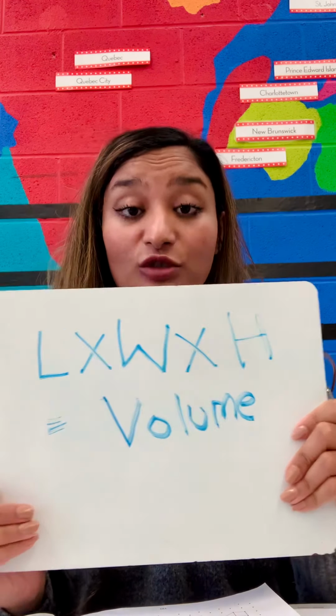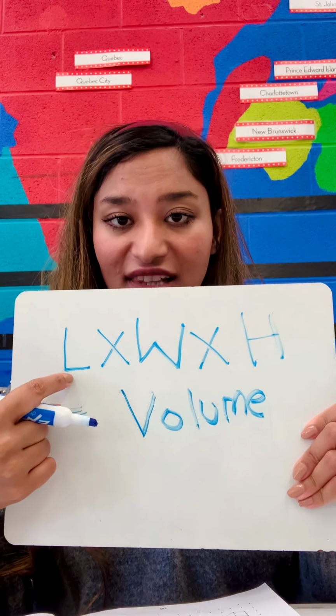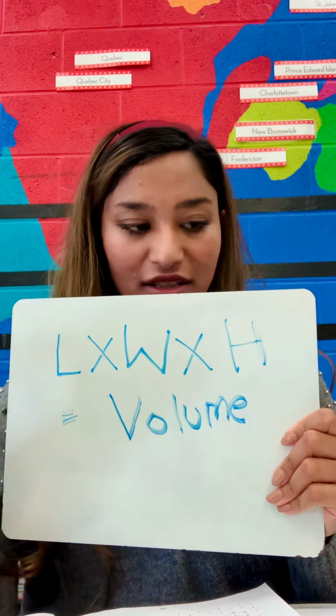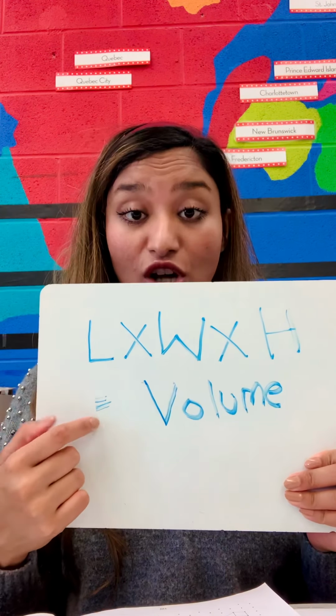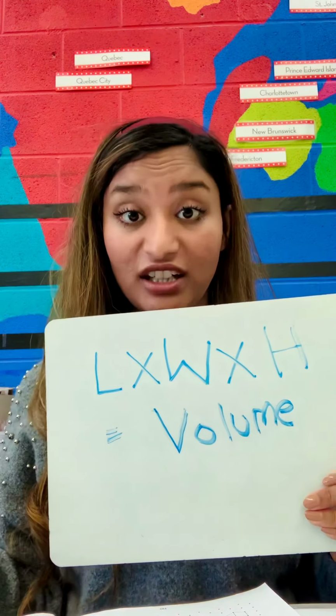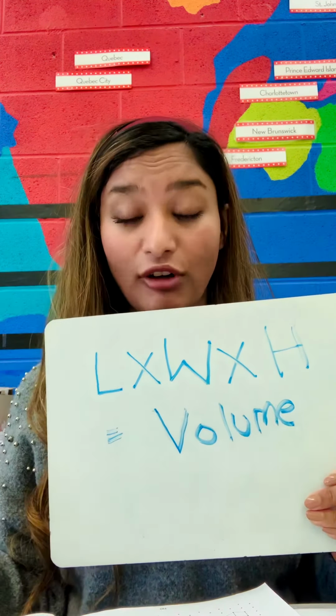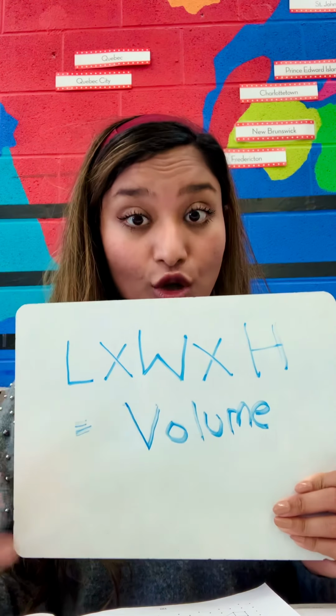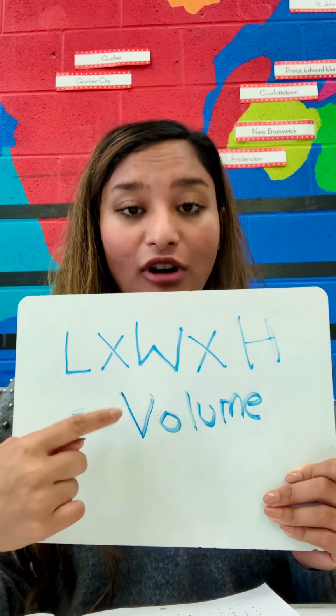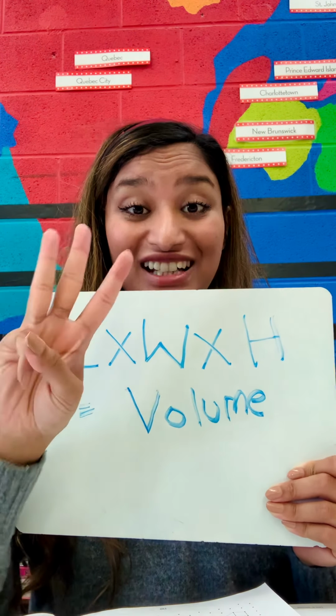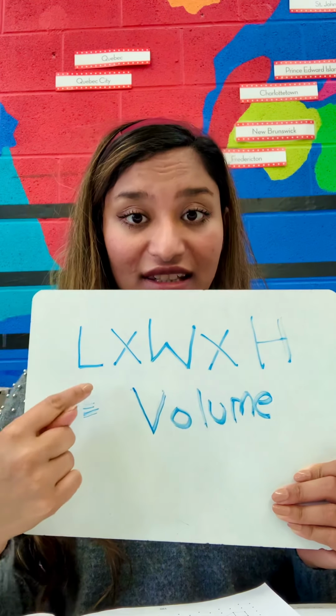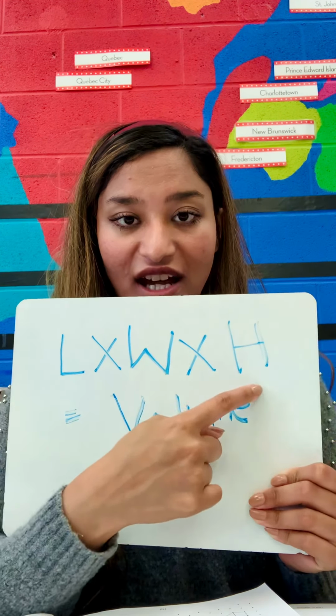Okay, that's how we find volume. For this exercise, you don't necessarily need to know this, but this concept is coming up in our following exercises. So I would encourage you to remember this. We find the volume by multiplying 3 sides: length, width, and height.